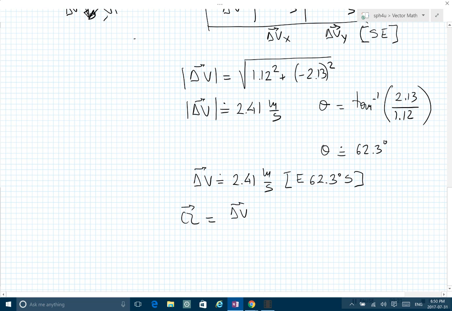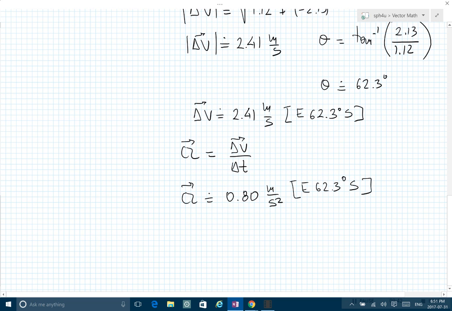Remember, it is delta V over delta T. So the acceleration is approximately 0.8, two significant digits, meters per second squared, and the direction is east, 62.3 degrees south. If I were to report it in scientific notation, the acceleration is approximately 8.0 times 10 to the power of negative 1 meters per second squared, east, 62.3 degrees south.